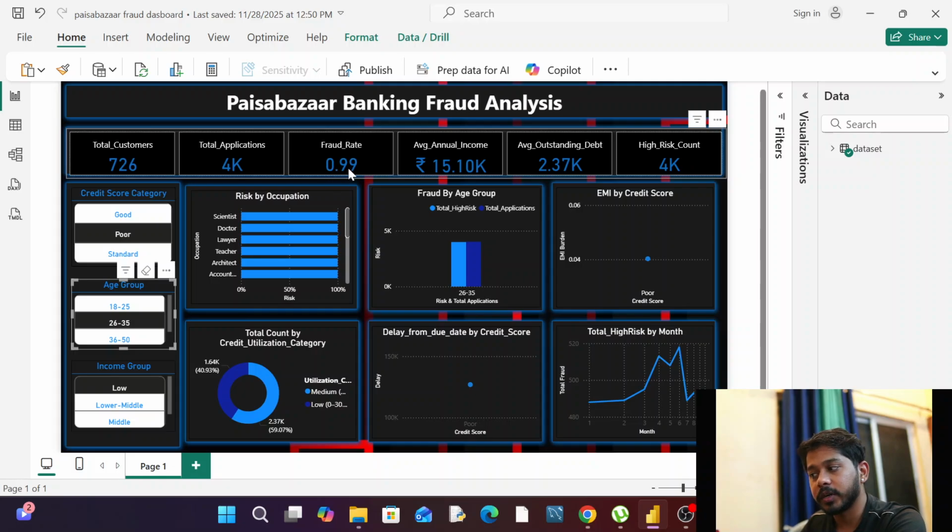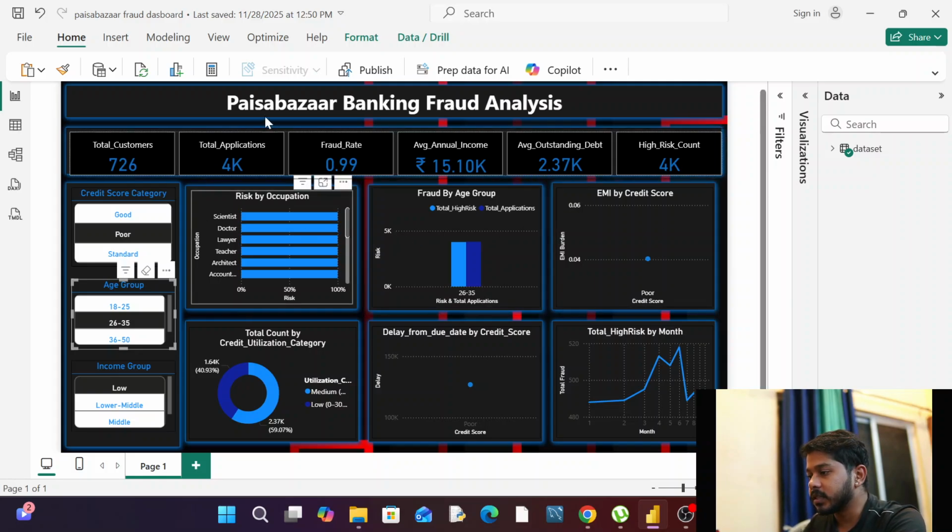Fraud rate is 0.99. The annual average income is rupees 15.10 thousand. The average outstanding debt is 2.37K. The high risk count is 4K. So basically, this is the dashboard that we have made.